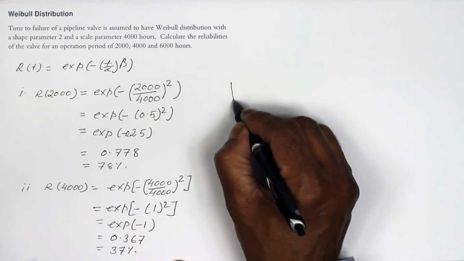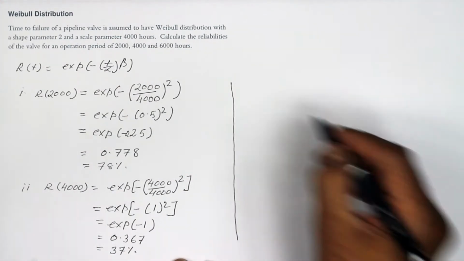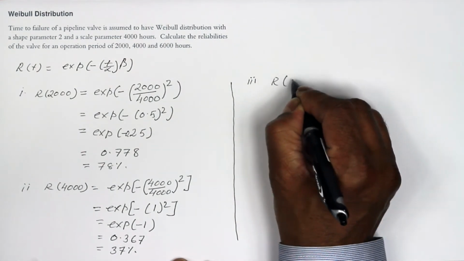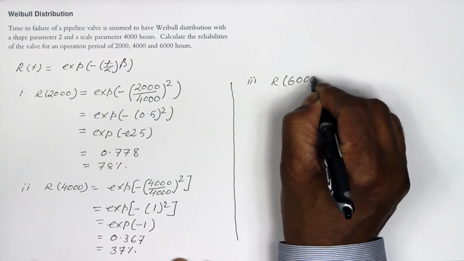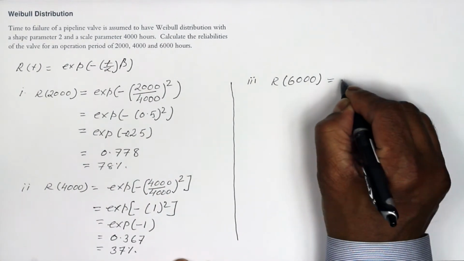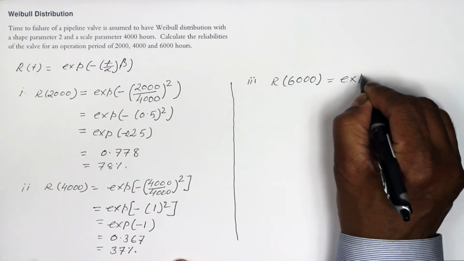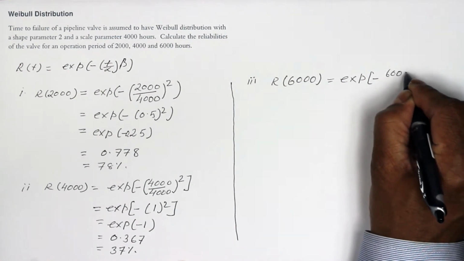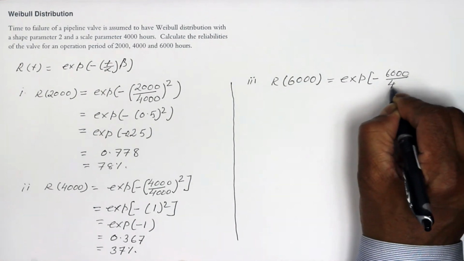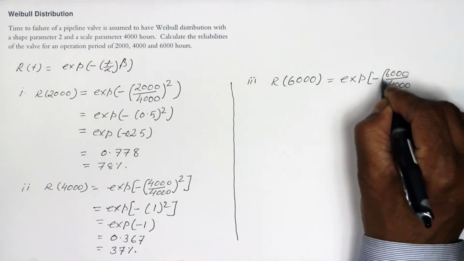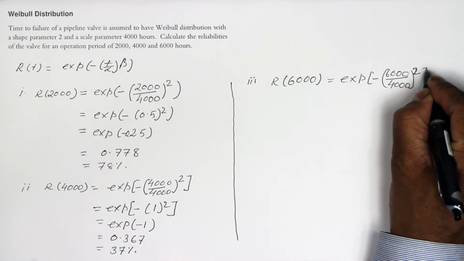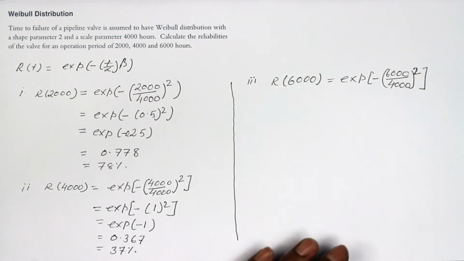Now let us look at the third part. What happens when the operation time becomes 6000 hours? That is exponent of minus 6000 divided by 4000, that is the scale parameter, raised to the power 2, that is the shape parameter beta.